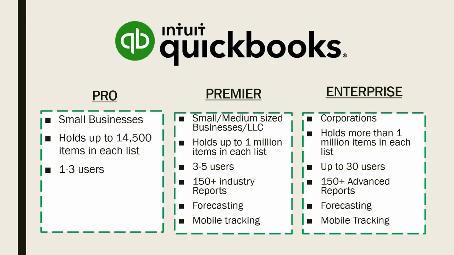All right, so the first one is Pro. Again, Pro is meant for small businesses. It can only hold up to 14,500. Now, these are 2020 versions, okay? For the 2018, Premier only holds 14,500, all right?